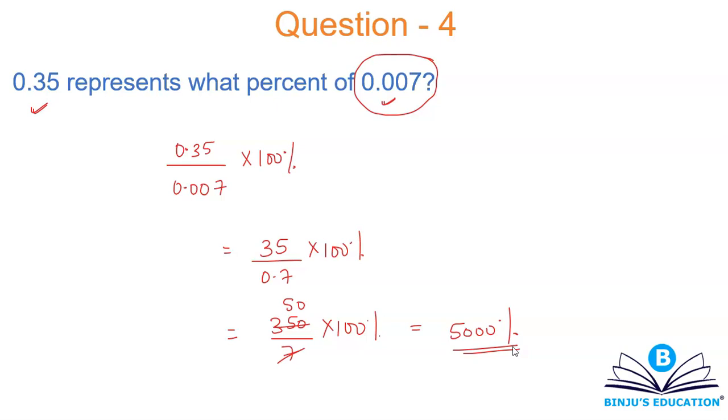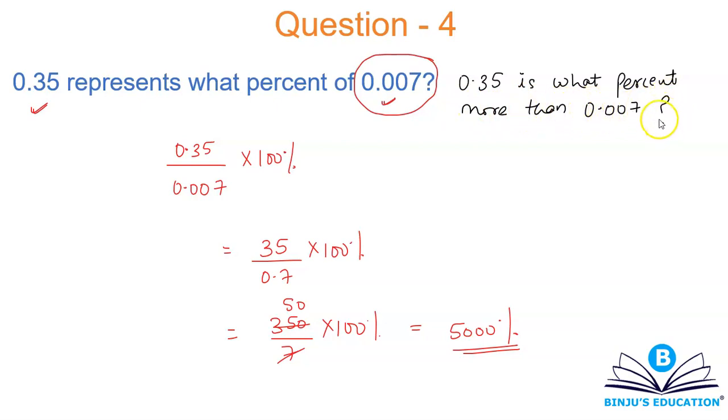Okay, let me ask you one more question, and if you are able to solve that question, let me know the answer in the comment box. So question is 0.35 is what percent more than 0.007?